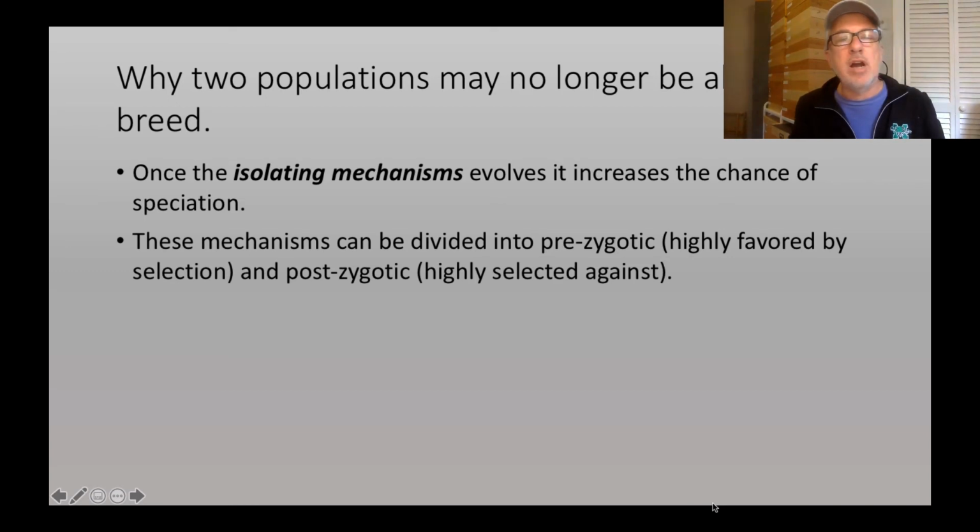These mechanisms are commonly divided into prezygotic mechanisms and postzygotic mechanisms. Let's go back to intro bio and figure out what that means. The zygote is the fertilized egg. So a prezygotic mechanism is a mechanism that prevents a physical mating. And a postzygotic mechanism is a mechanism that works against the offspring that is produced.